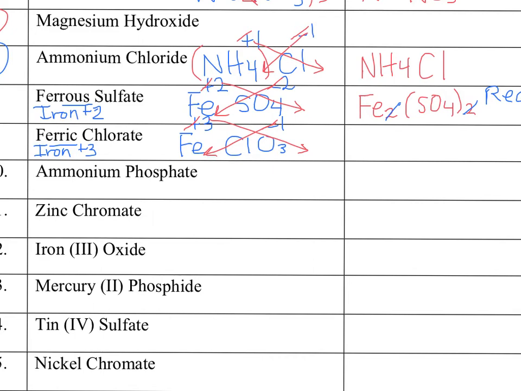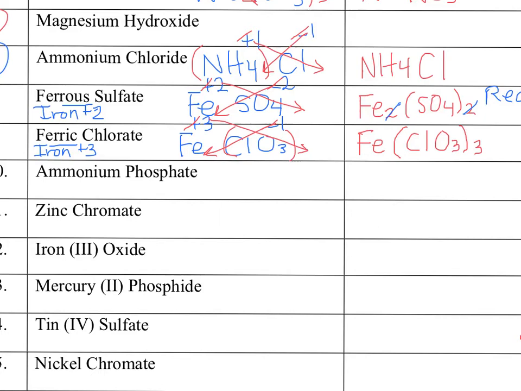So how many iron do I need? Just 1. And then how many total chlorates do I need? I need 3. So I need to show that I need 3 of all of those. Parentheses, and then that's subscript on the outside. Okay, so I need 3 of those chlorates. That is ferric chlorate.